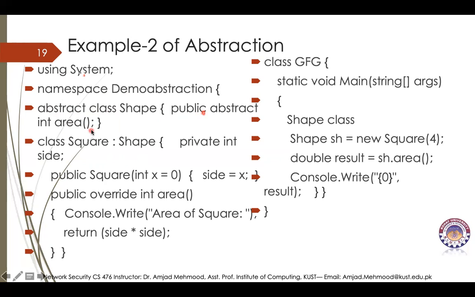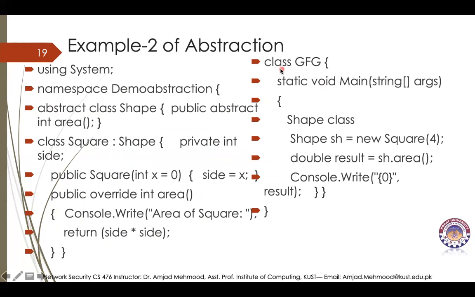As this method has no definition, the child class will provide the definition of this method. Here you can see the class Square, and inside it this method area is defined. So Console, area of the square, side multiplied by side, you will get the area. This is how abstraction will be done.